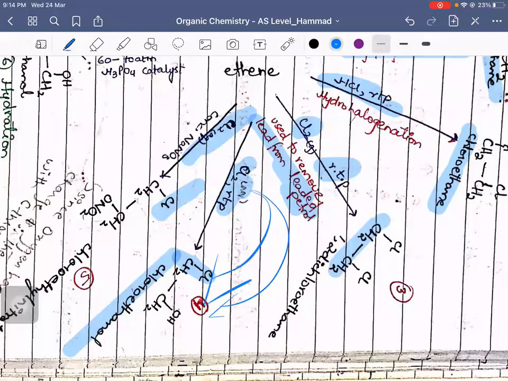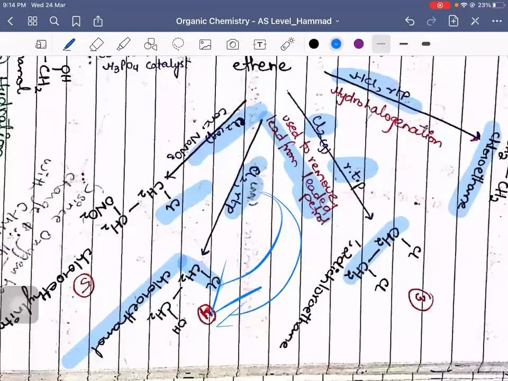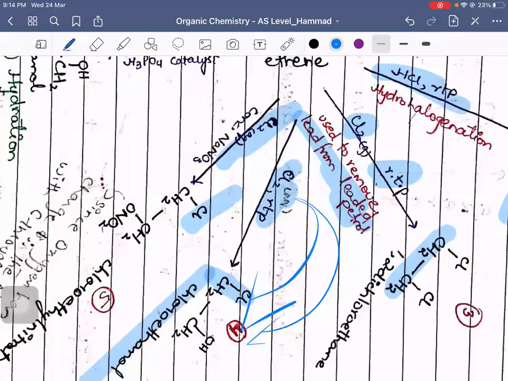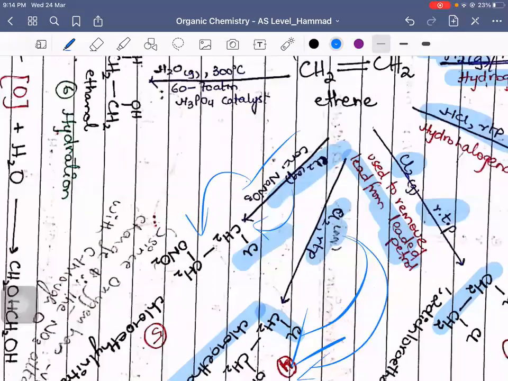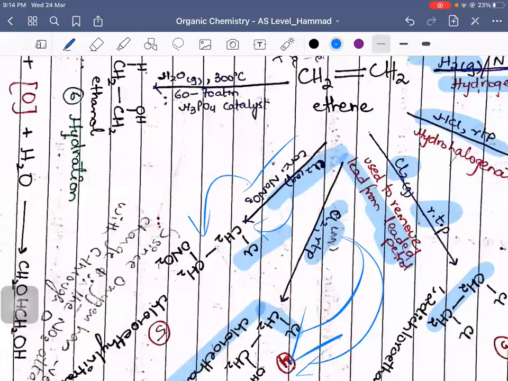So chlorine gets attached to one of the carbon atoms and OH gets attached to the other carbon atom, right? If I were to talk about Cl2 aqueous in the presence of concentrated NaNO3, then Cl will attach to one carbon and NO2 to the other. The reaction mechanisms of all of these are very important, and we will do them, okay?